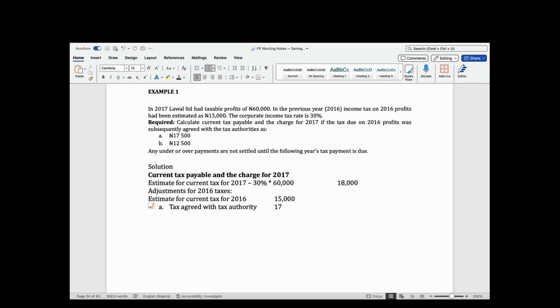The taxman gives us scenario A, that is 17.5, which means that you need to pay an additional tax of 2,500, because in 2016 you estimated 15. The taxman says no, it should be 17.5.